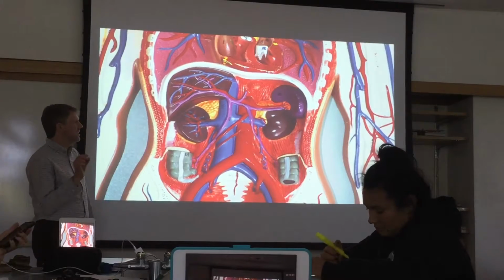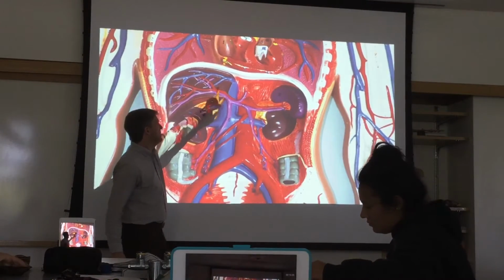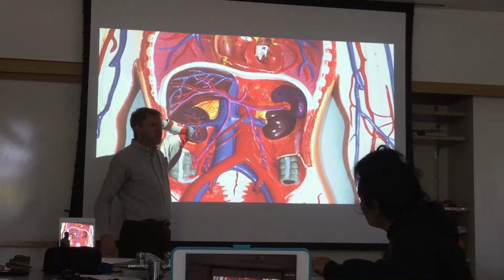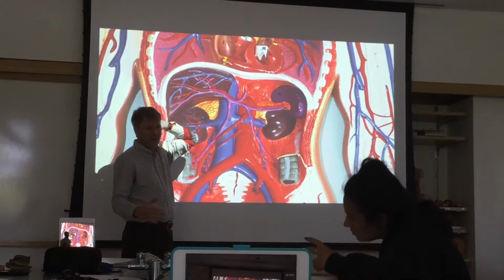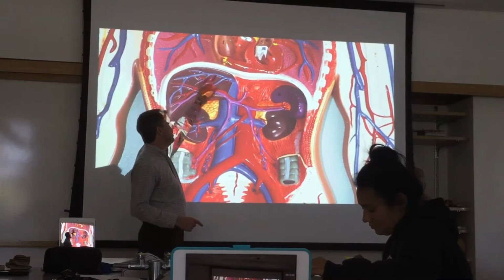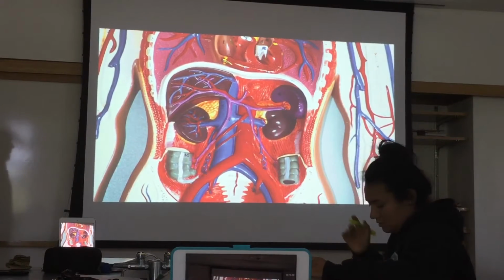The reason why I'm emphasizing the word portal is because this is the hepatic portal vein, whereas this little guy in blue here, does anyone know what that is? That's just the hepatic vein, okay? The hepatic vein takes the blood out of the liver and puts it into the inferior vena cava, okay?